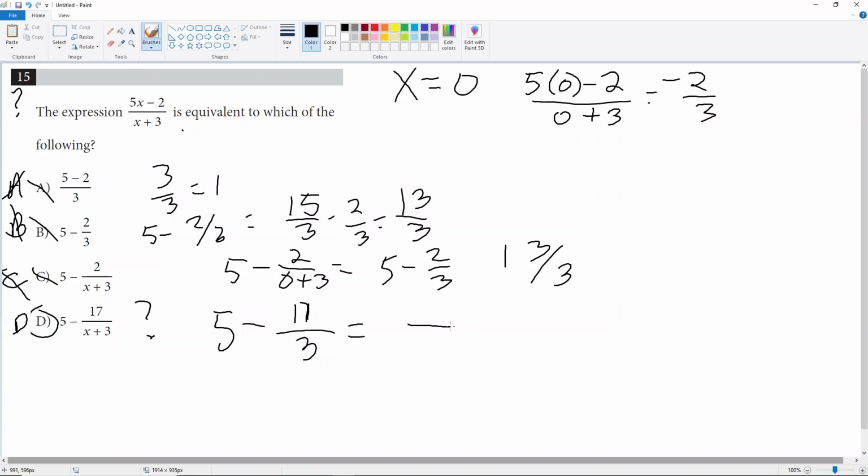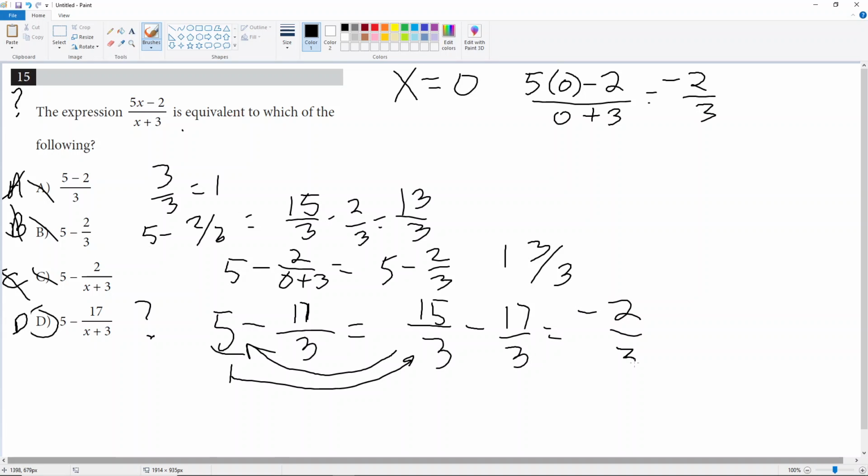The common denominator is 3. This is like 5 over 1. 1 goes into 3 3 times. 3 times 5 is 15. 15/3 minus 17/3. That equals minus 2/3. And that matches. So we verify that D is the answer.